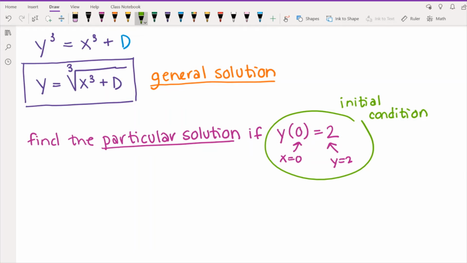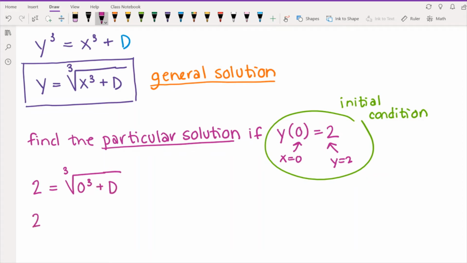Okay, so how do we go about finding this? Well, this is telling us, we already know what our general solution is. And this is telling us that when x is equal to 0, y is supposed to equal 2. So all we have to do is take this information and plug it into our general solution. So we get 2 is equal to the cube root of 0 cubed plus d.